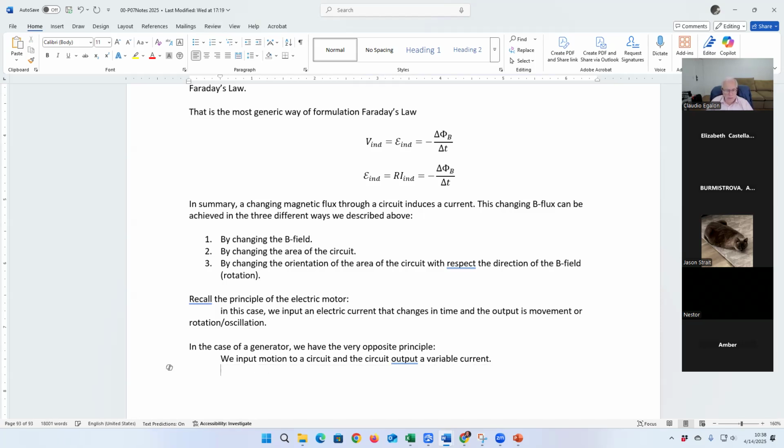So if you understood how the electric motor works, you will be able to understand the principle of the generator, which is the exact opposite, using the same devices, right?